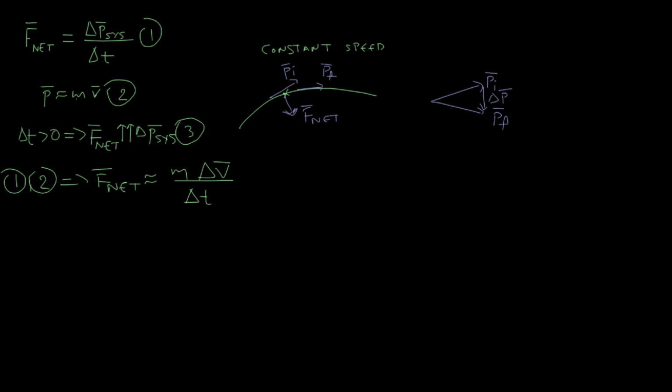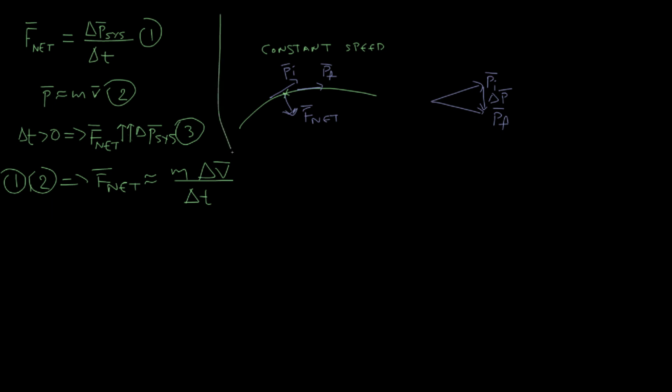So since momentum is mass times velocity, if you plug it in here and use a constant mass, then you have m delta v over delta t. You could do the same process as I did here with momentum. You can do the same thing with velocity. Remember, momentum and velocity point in the same direction, so you will end up getting the same result. Either way of thinking about the problem is fine.